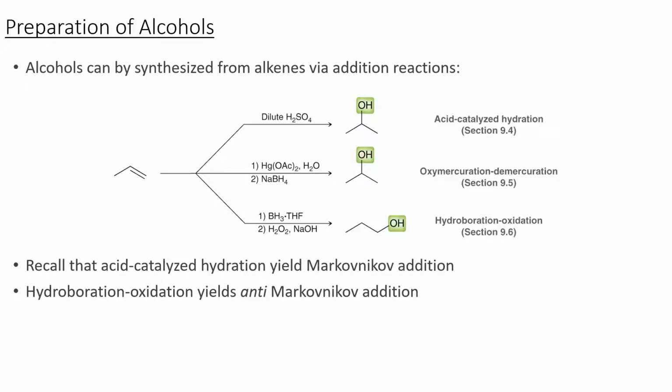Using the oxymercuration demercuration, followed by sodium borohydride, we could also attach it to the more substituted position. And using hydroboration oxidation, we can form the less substituted alcohol, or the anti-Markovnikov product. So here are 3 different methods that we can use, all of which are review, to produce alcohols.